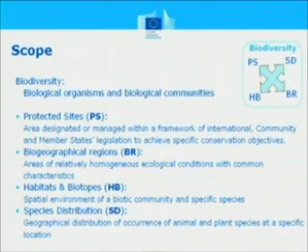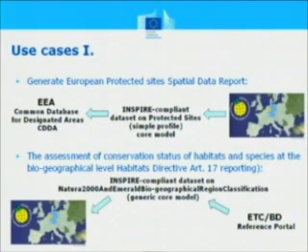It is not one specific data set, but it's a relatively broad description that you have here. I will come back to that in a minute. Habitats and biotopes, spatial environments of biotic communities and specific species. And then species distribution, a geographical distribution of occurrence of animals and plant species at locations, let me call it that way.